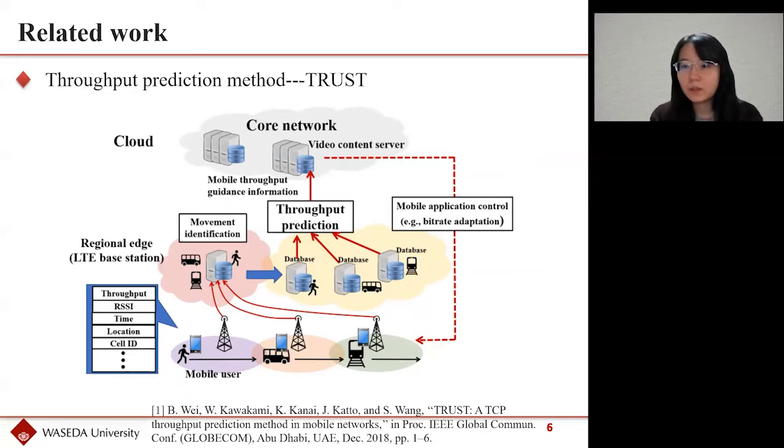After that, the throughput prediction is conducted individually for each movement pattern, and then the predicted throughput will be utilized for smart mobile application control, such as the bitrate adaptation method. The former research has been published at IEEE GLOBECOM 2018.